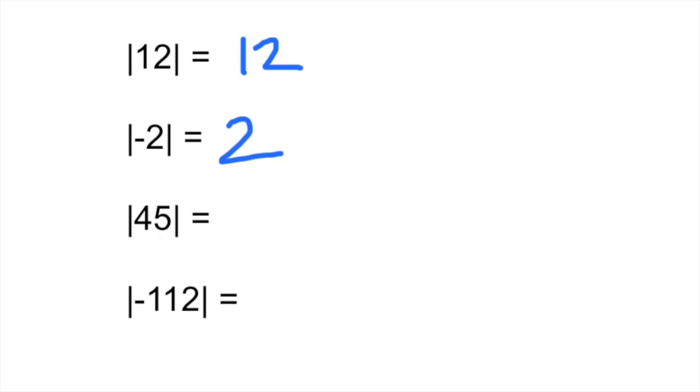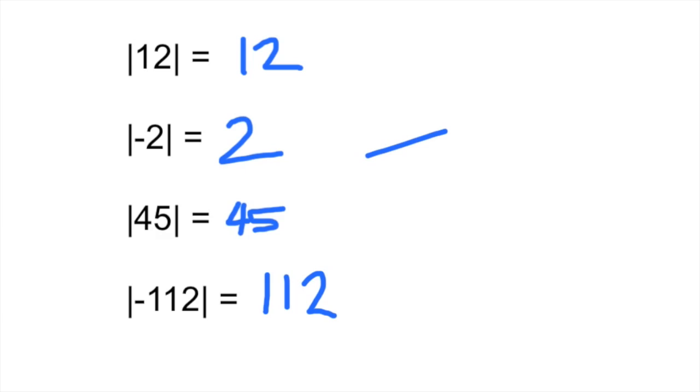What's the absolute value of 45? Well, 45 is 45 units from 0. And this last one, what's the absolute value of negative 112? That is just going to be 112.